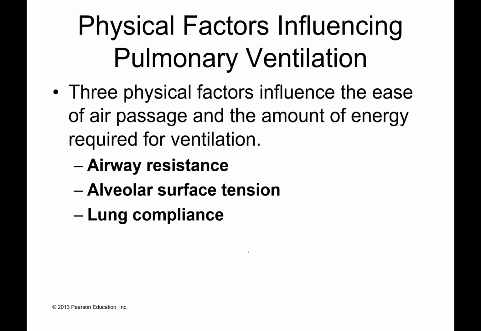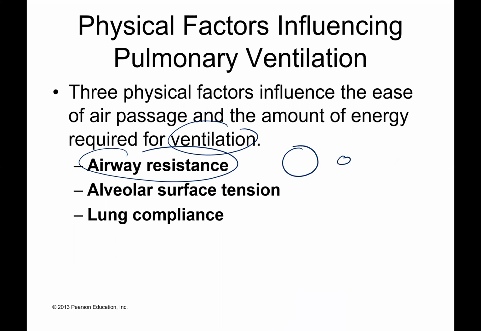Okay, so three factors influence how easily air can move in and out and how much energy you need for ventilation. Airway resistance. The bigger the opening, the better; the smaller the opening, the more difficult.